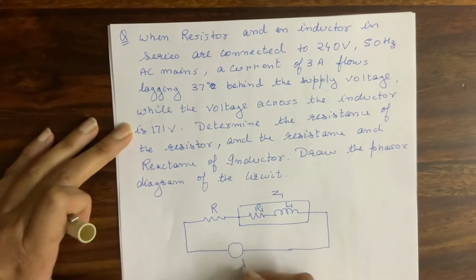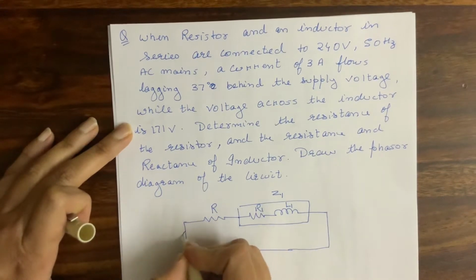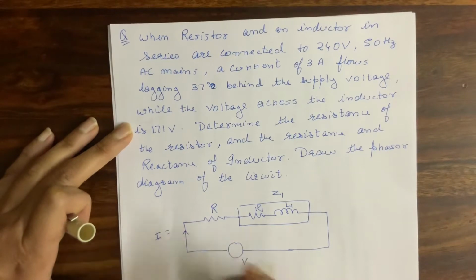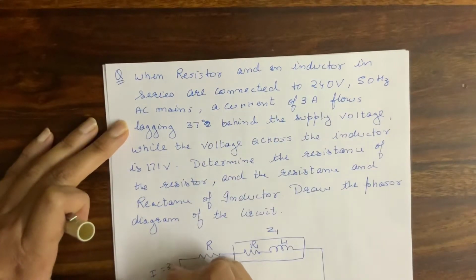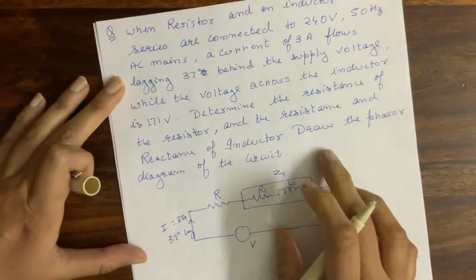Consider that as V. Also the total current I is given as 3 ampere, and it is 37 degree lagging. Why lagging? Because it is an inductor circuit.